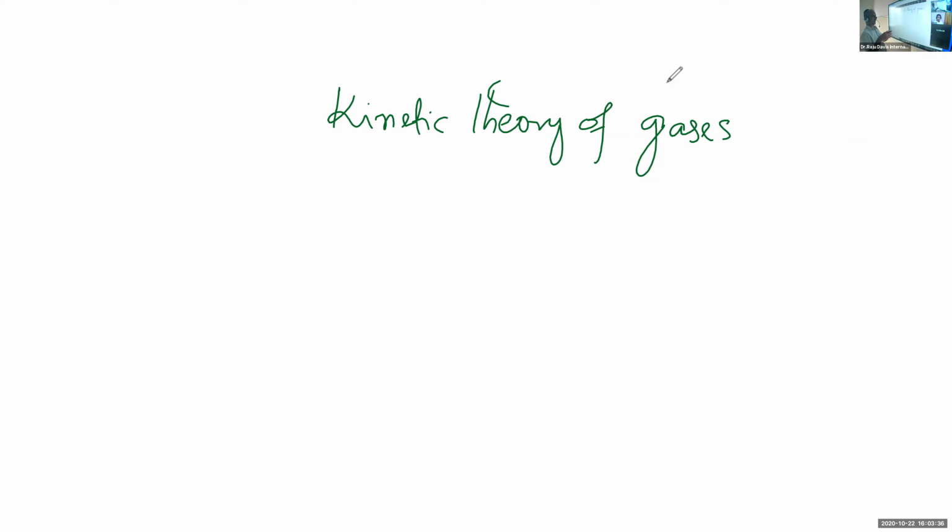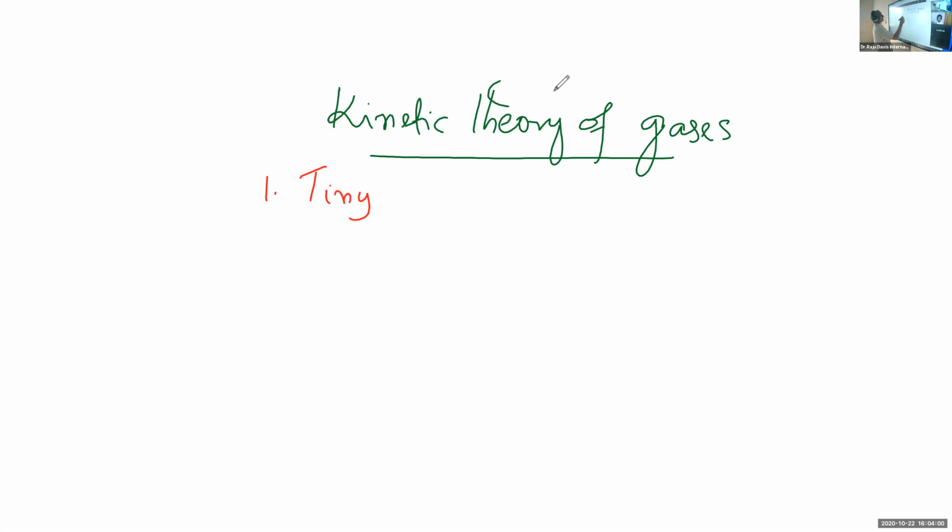Okay, I shall give you an idea regarding the kinetic theory of gases. All these are the assumptions given by the kinetic theory. The important assumptions are this: a gas consists of a large number of tiny particles called molecules.